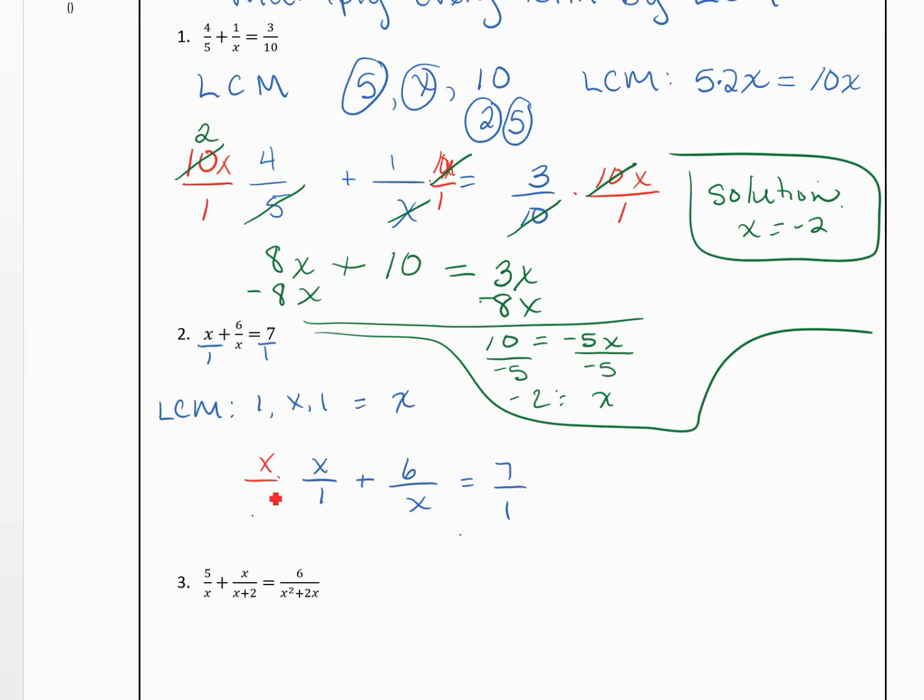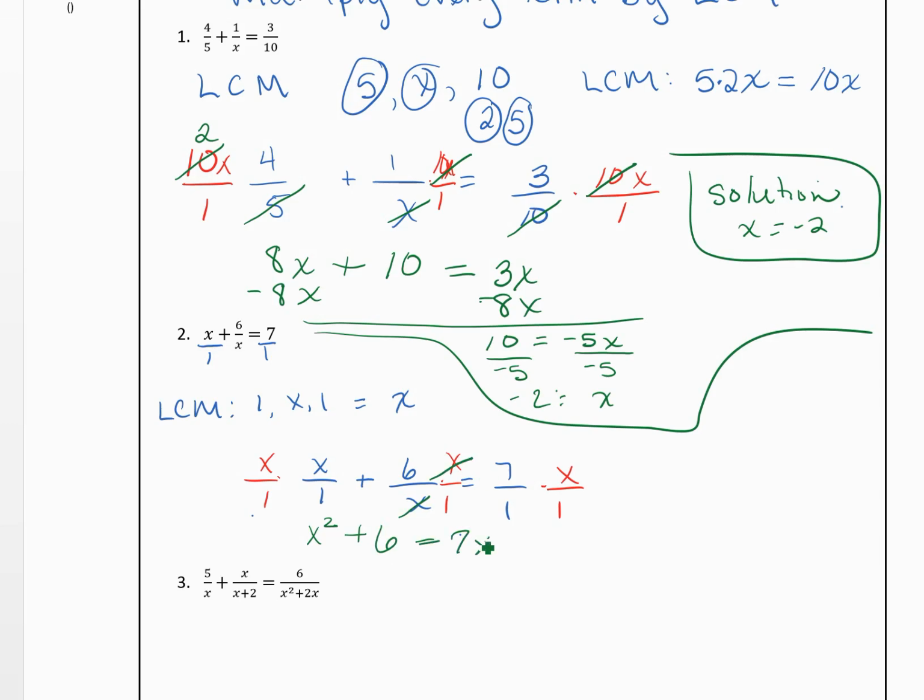When we do that multiplication, x times x, we get x squared, plus here the x's cancel out, so we just have 6 equals, here we have 7x.